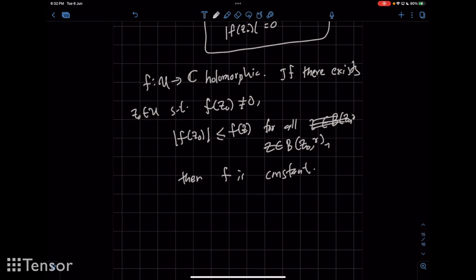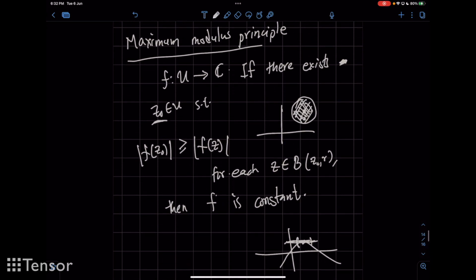We cannot have a locally maximum modulus, because then the function becomes constant. We cannot have a locally minimum modulus either.